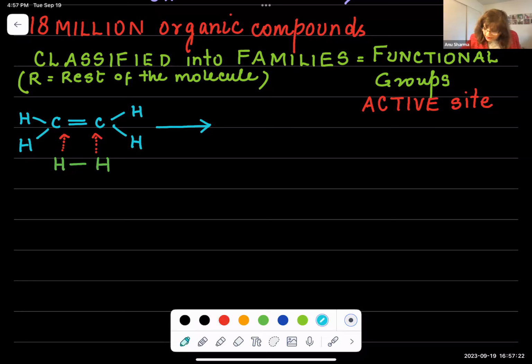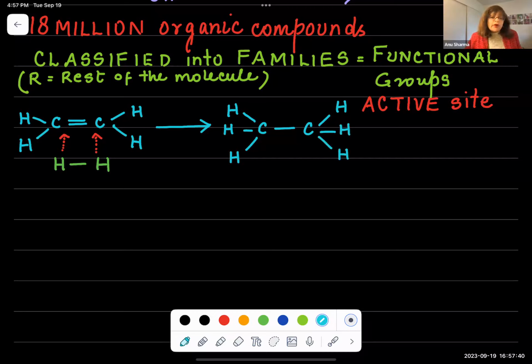Then a new molecule, hydrogen, and hydrogen, and a single bond. So one of the double bond breaks, because the hydrogen is attaching. So this is a reaction with hydrogen. This is one example I'm giving you. And now you have a single bonded carbon-carbon, but totally different compound, new species.